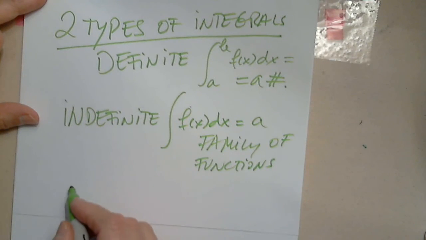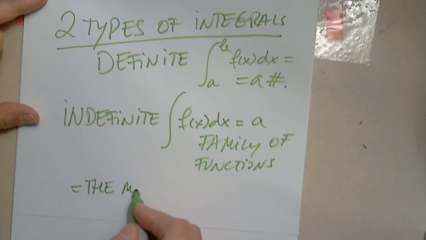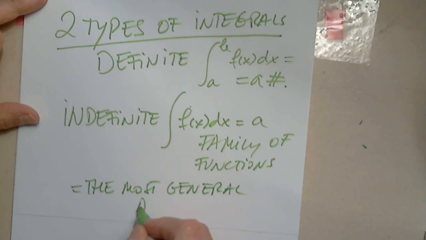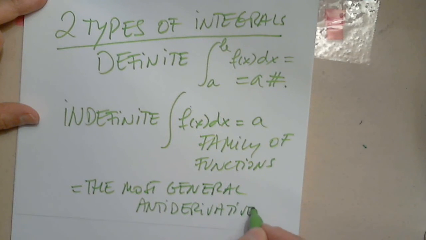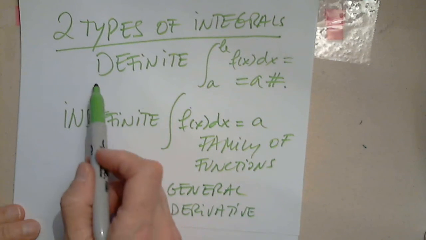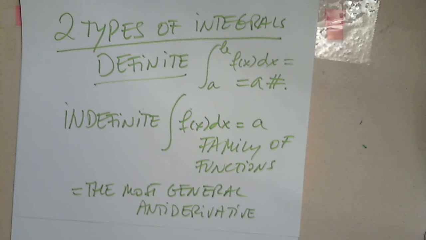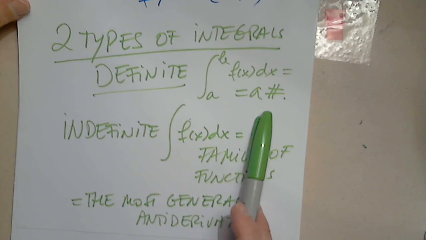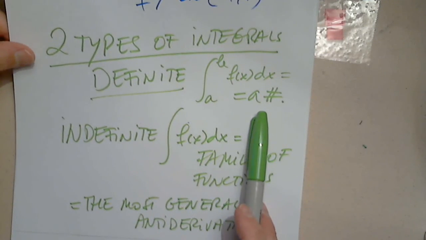Exactly the same thing as the most general antiderivative. So 2 types. This one is very clear, it is a number, and I can never check. I can only hope that my answer is correct.